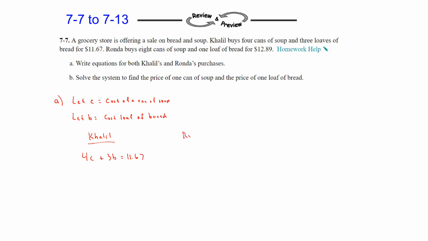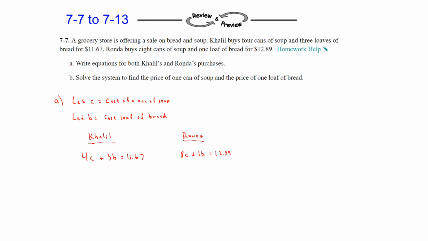And then we have Rhonda, at the same place, bought 8 cans of soup and 1 loaf of bread for a total of $12.89. And so those are the 2 equations.